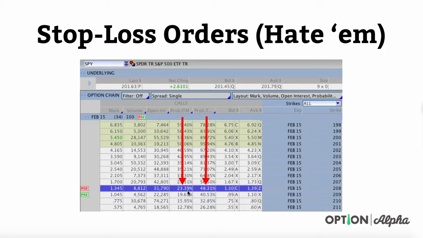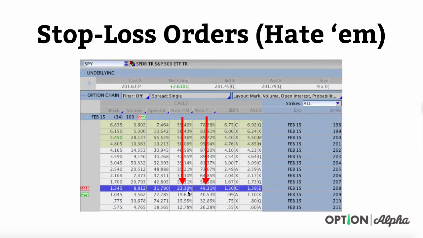So that means that we're trading with better than 75% chance of success on this trade, because the likelihood of SPY going all the way up to and staying above 208 between now and expiration is 23.39%. Now that's a high probability trade. That means that 3 out of 4 times you're going to win on this trade. That's a really high probability trade if you let it go all the way to expiration.